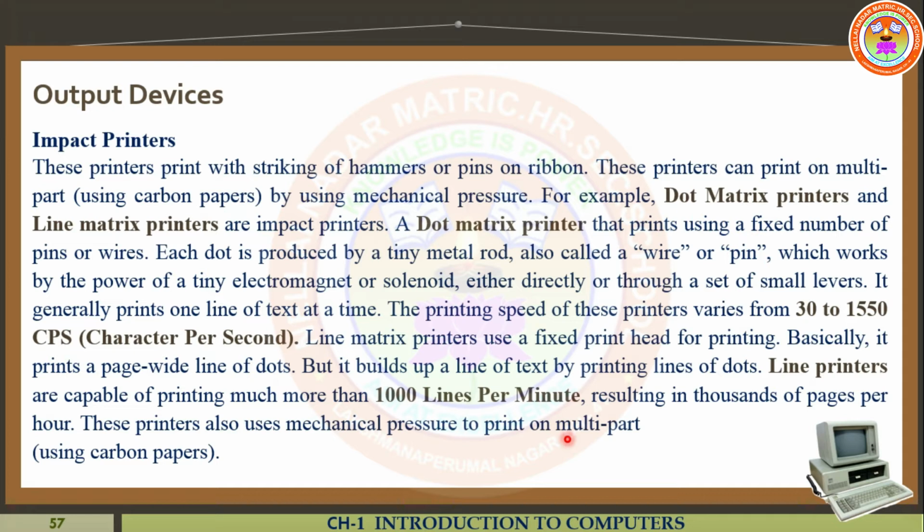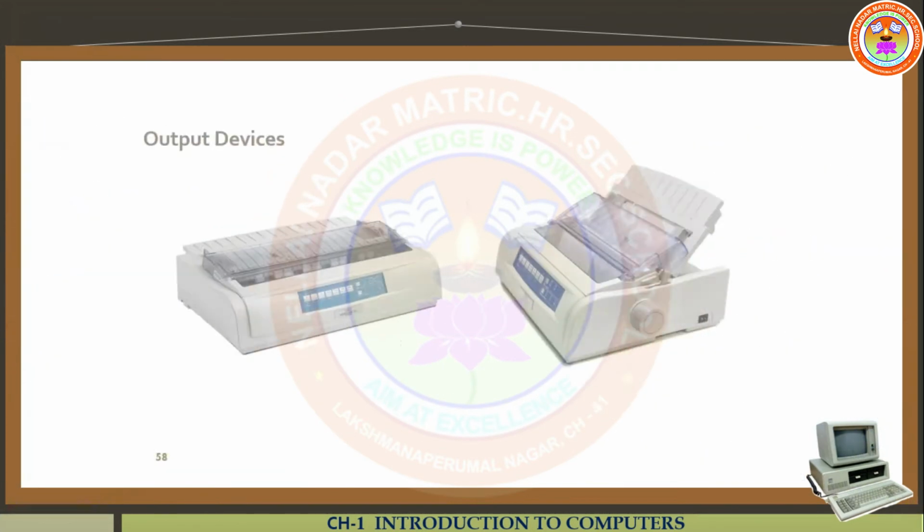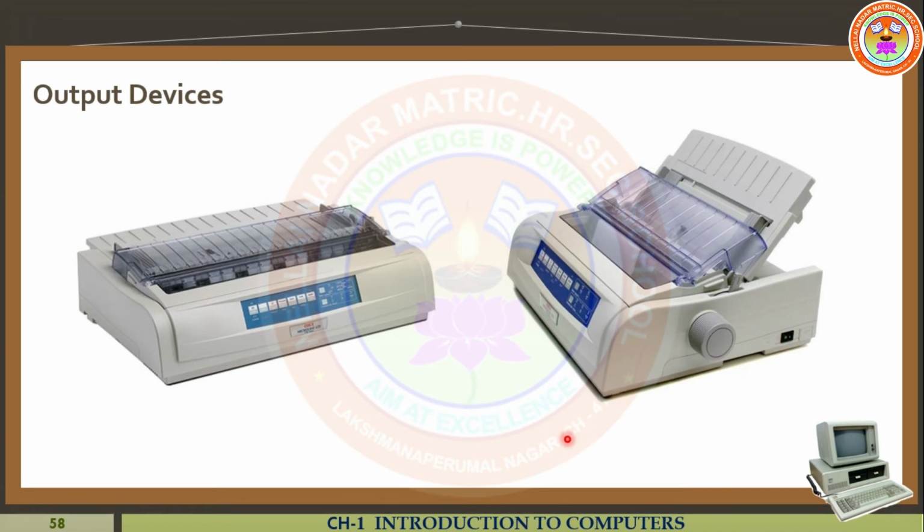So these are the mechanisms of both dot matrix printers and line printers. These are the two important printers in the category of impact printers. One is dot matrix, another one is line matrix printers. This is the dot matrix printer, and this is the line printer. It would look like that.